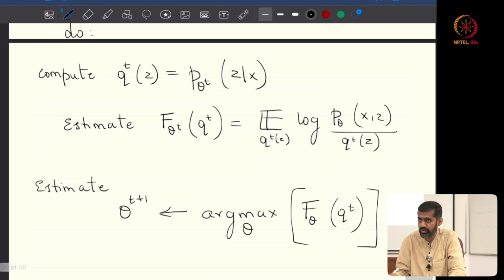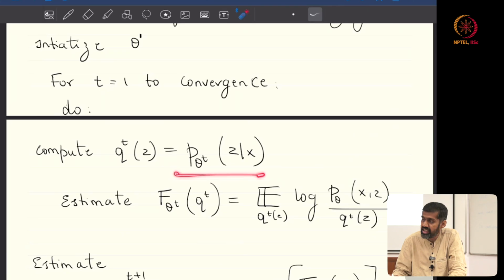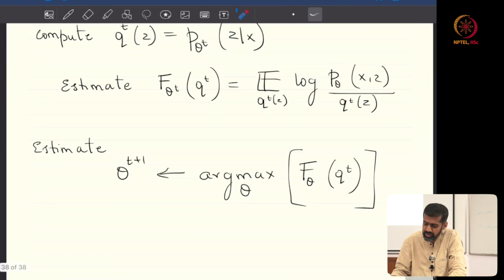This is all. So you are iterating over it. You understood? So start with an assumption on theta, and then compute the q to be p theta t of z given x at that particular theta. Compute the lower bound and maximize the lower bound with respect to theta, and keep repeating this.